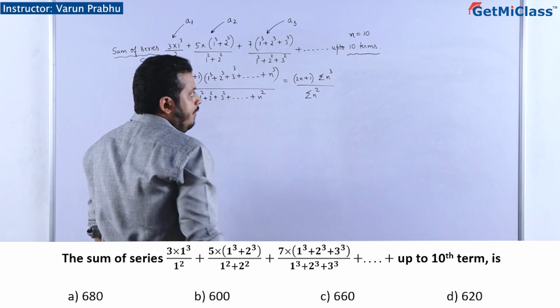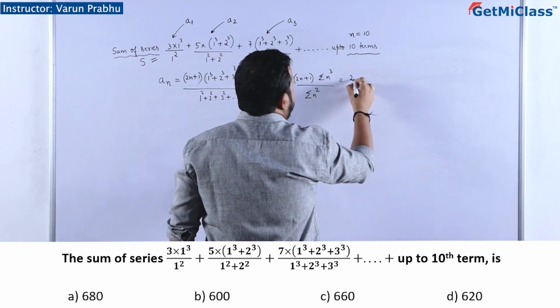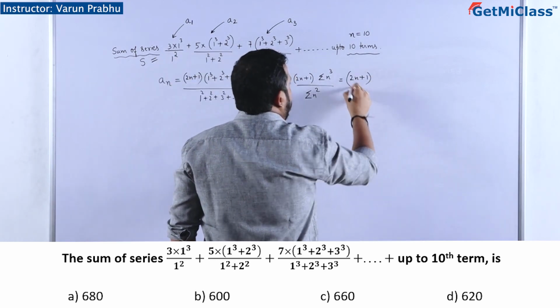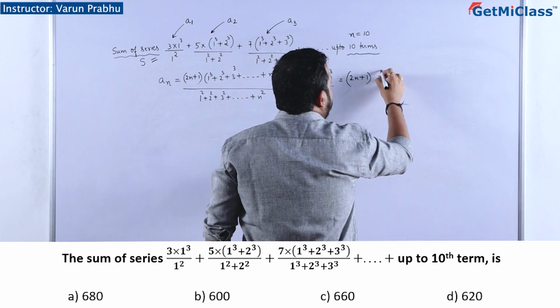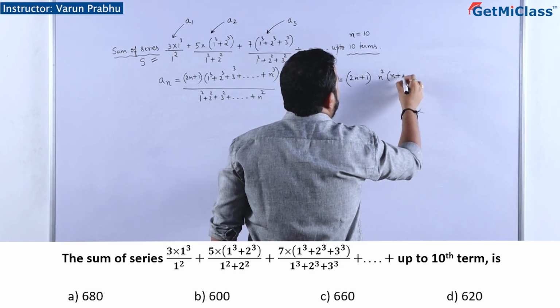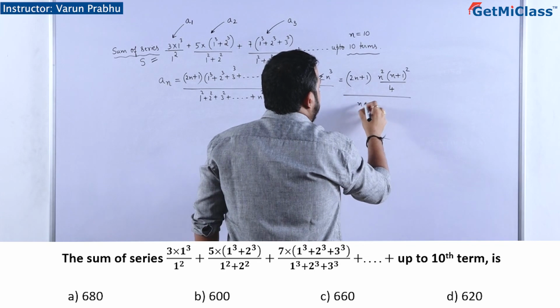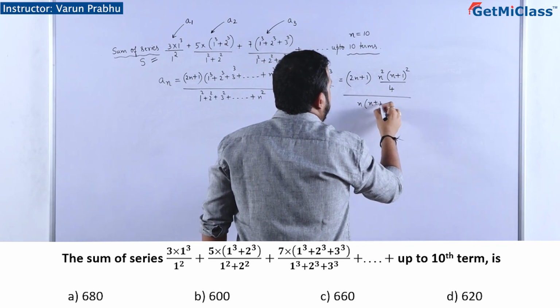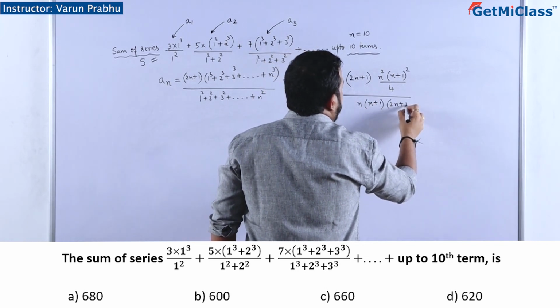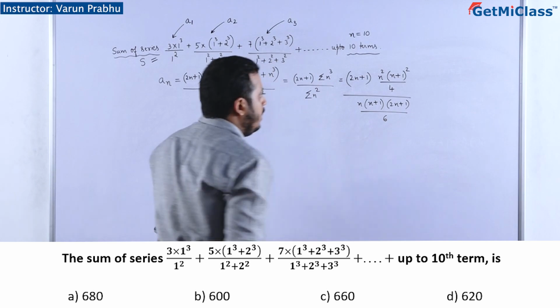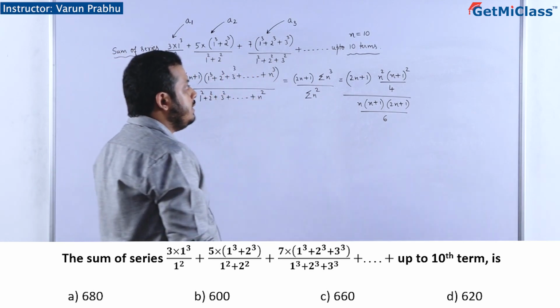And we have studied this special series expansion in the synopsis part. Sigma n cube is nothing but n square into n plus 1 the whole square divided by 4, whole divided by n into n plus 1 into 2n plus 1 divided by 6. Do you get it? 2n plus 1 divided by 6.